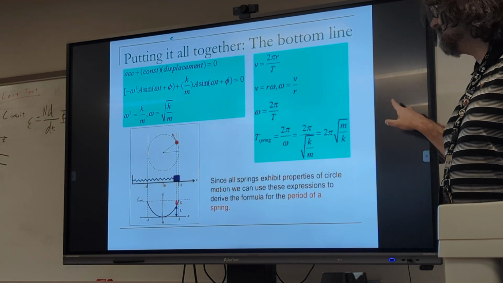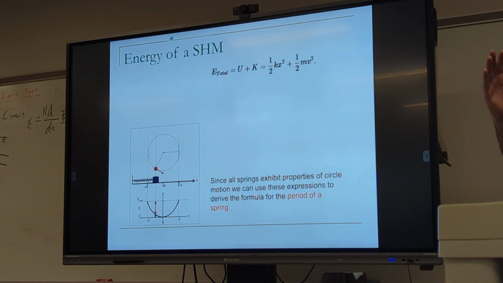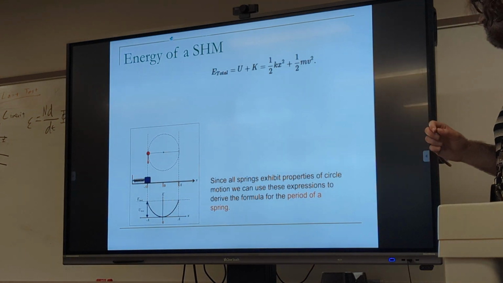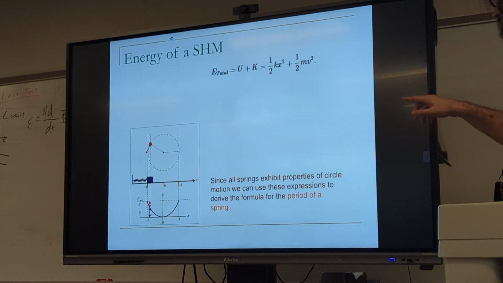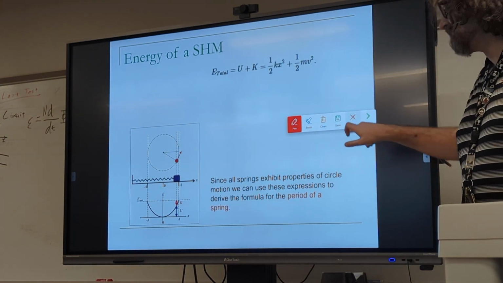All right, the last thing I want to talk about is the energy. So this thing has an energy, which is kinetic energy plus potential energy, right? And you guys know that we can plug in our function for x and our function for v.